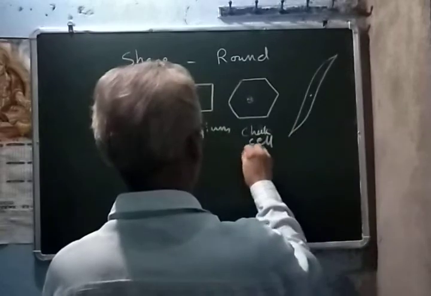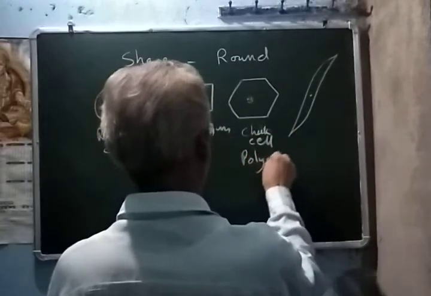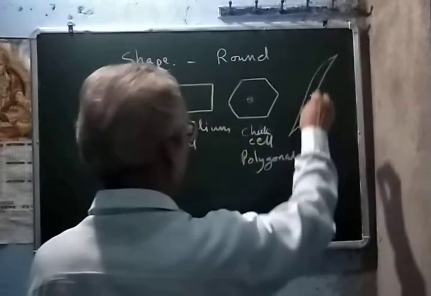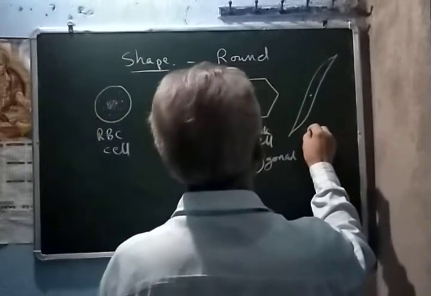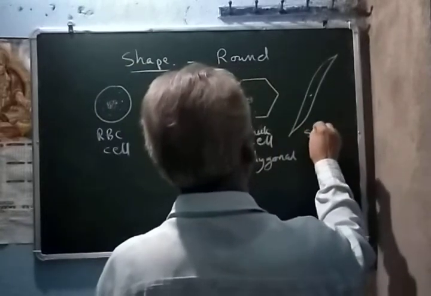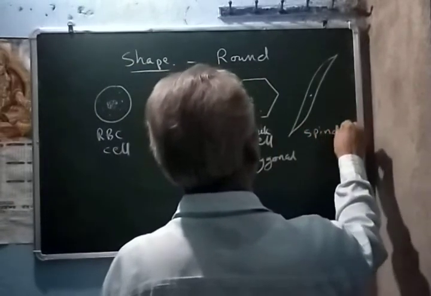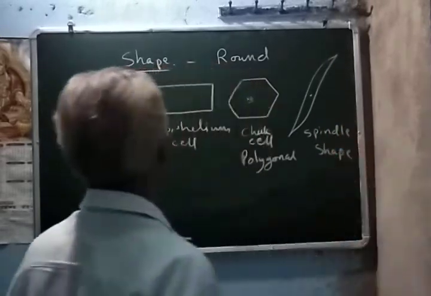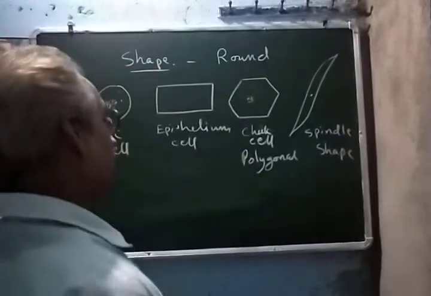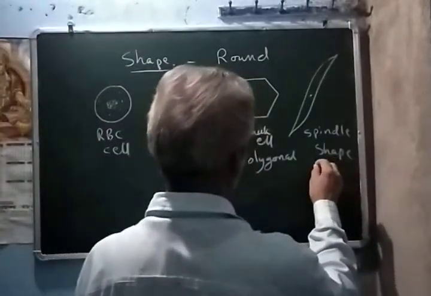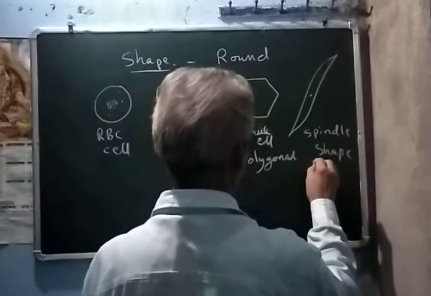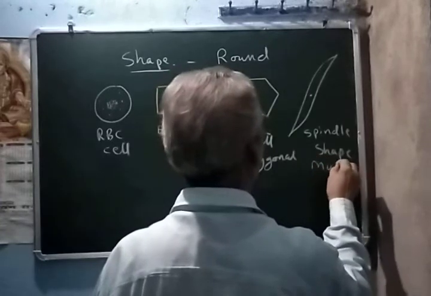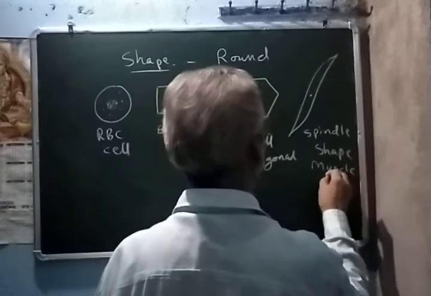This is polygonal, and this is a spindle shape. An example is the muscle cell.